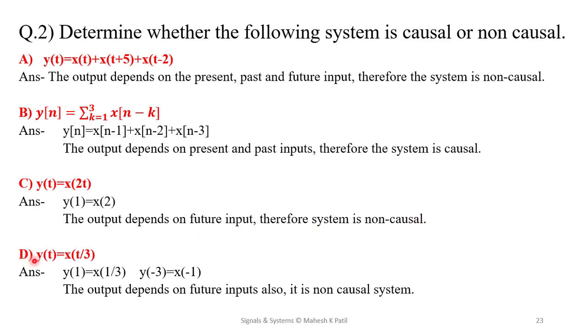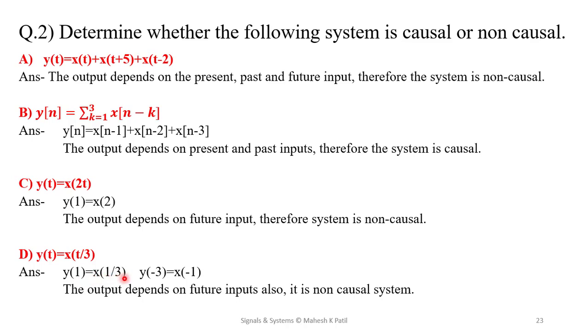The next system is y(t) = x(t/3). Here you put t = 1, so this becomes y(1) = x(1/3).